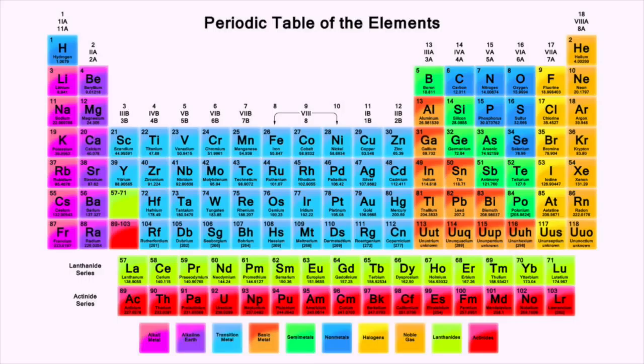Now, inside of a group that's one column on the table, they all tend to have the same kind of properties. Let's look at one of the groups in particular in the table. Let's look at group 14. And let's look at the first three in particular: carbon, silicon, and germanium.